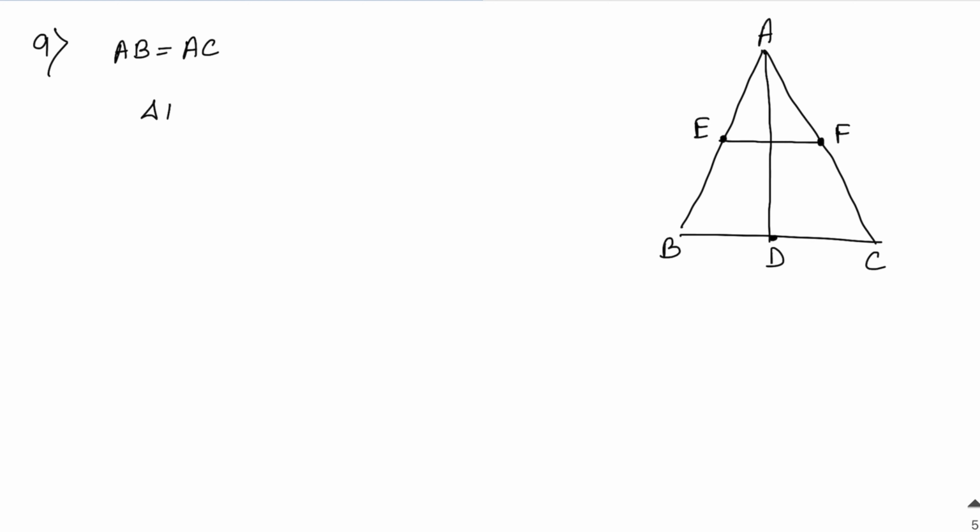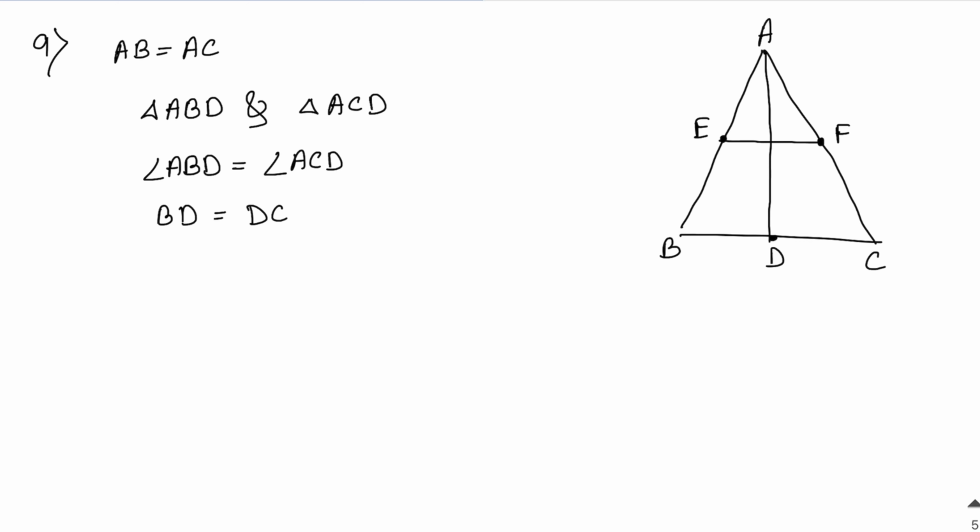So here, from triangle ABD and triangle ACD: first one, angle ABD equal to angle ACD because this is an isosceles triangle. Next, BD is equal to DC as D is the midpoint. And third, AB equal to AC. So you can write down triangle ABD congruent with triangle ACD by SAS.